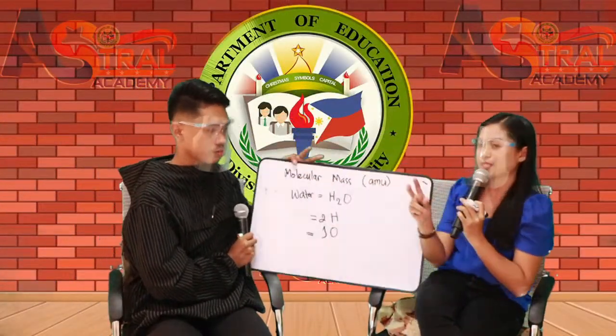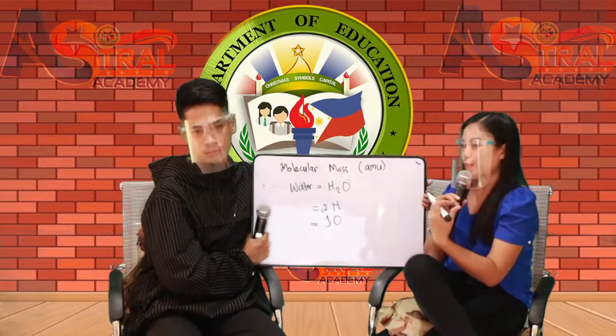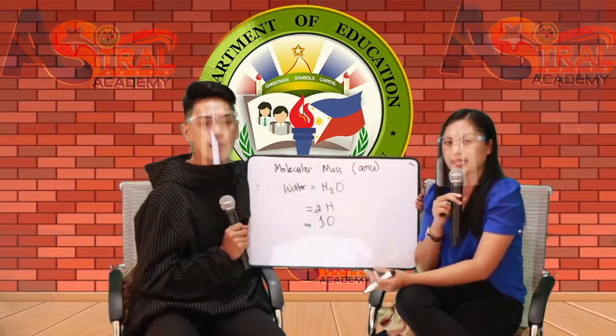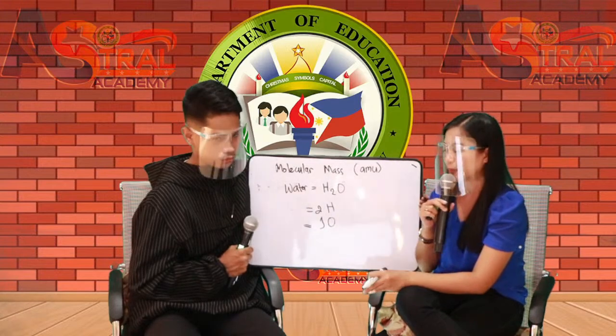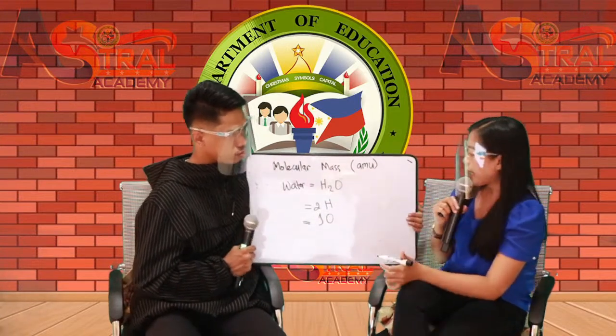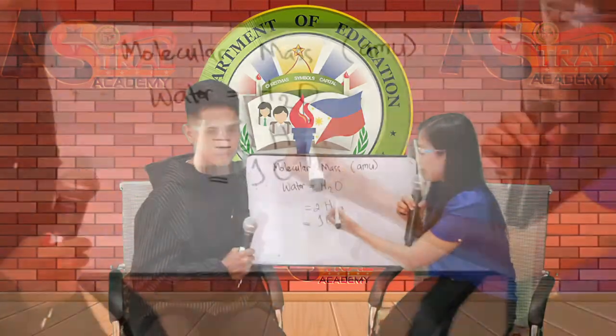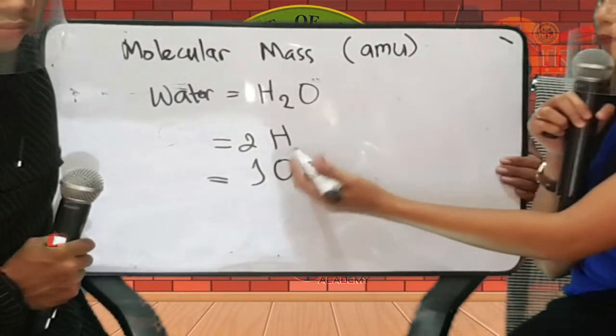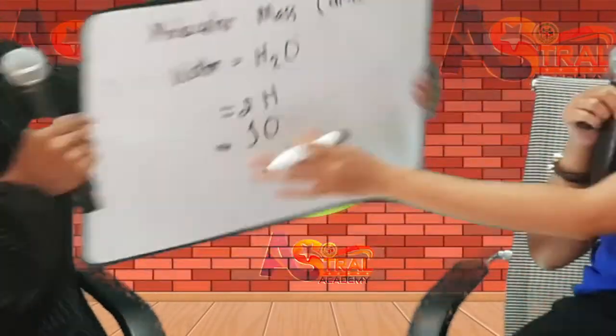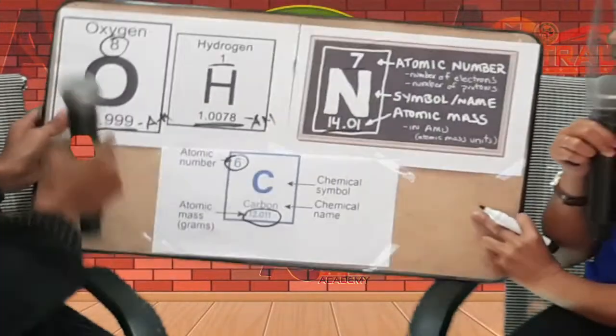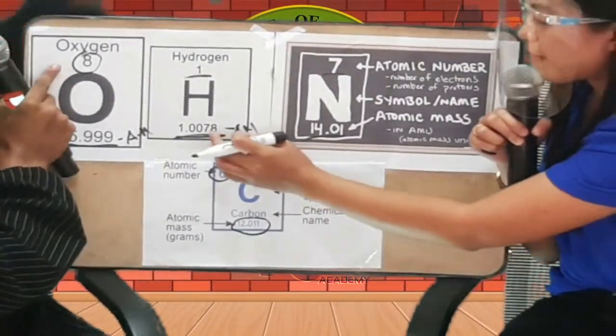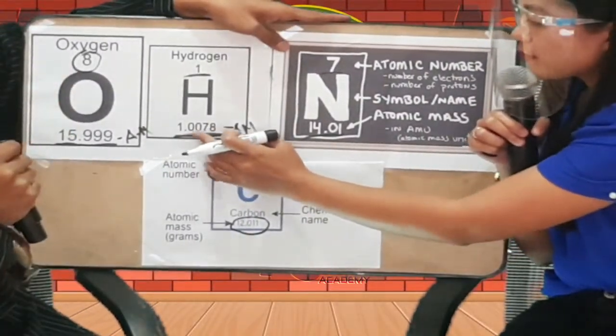Okay. So if we are dealing with calculations, Sir Louis, it is very important to set a convention on the number of decimal places. For our discussion, we will be setting it to 2 decimal places only. Again, we have the constituent elements hydrogen and oxygen. Looking back to our illustration, hydrogen has an atomic mass of 1.0078.